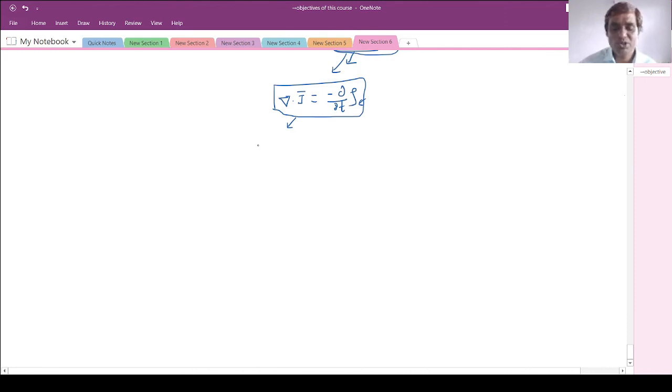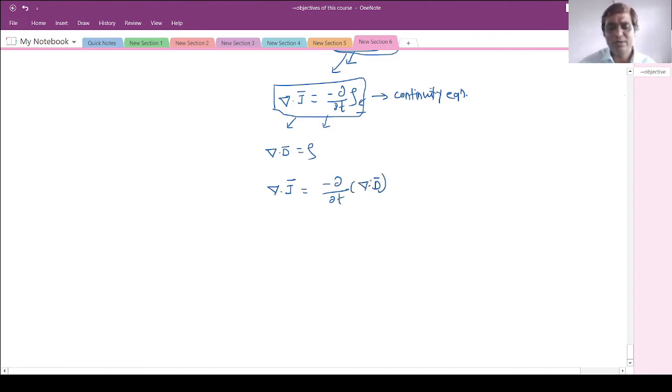Maxwell solved this issue by introducing the displacement current density. We know the divergence of the displacement current density gives the total charge density, according to Gauss law, and we keep it in this continuity equation. If I put it here, the dot product of the gradient with the current density will be equal to minus dt of the gradient with d bar.